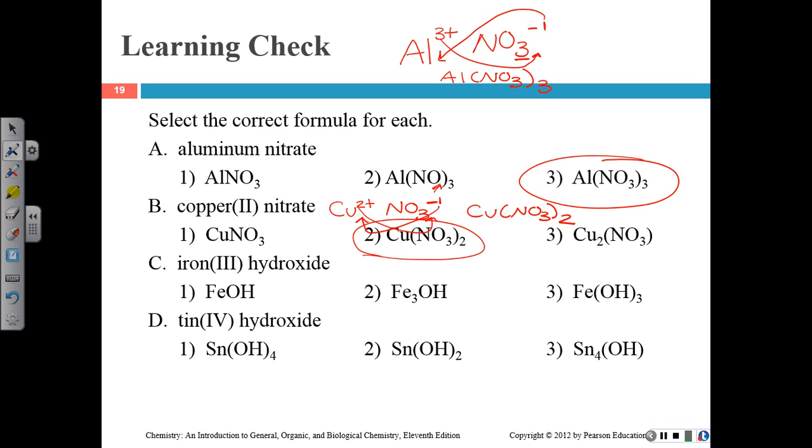Okay, see what you get for C and D. So see if you get 1, 2, or 3 for each of these. Okay, so you got to find hydroxide. It's typically one that's easy to remember.